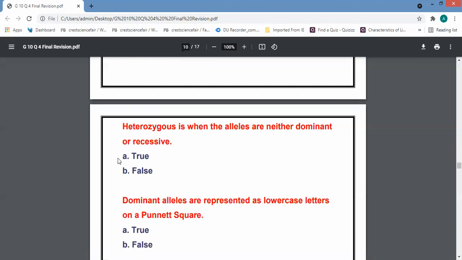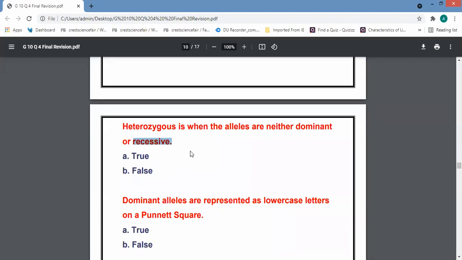Heterozygous is when the alleles are neither dominant nor recessive. True. Sure? Yes, because heterozygous means different, so it will not always be dominant or always be recessive.